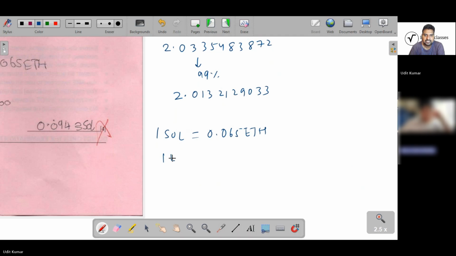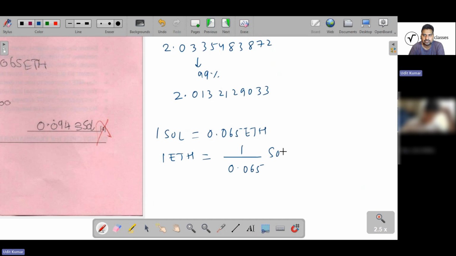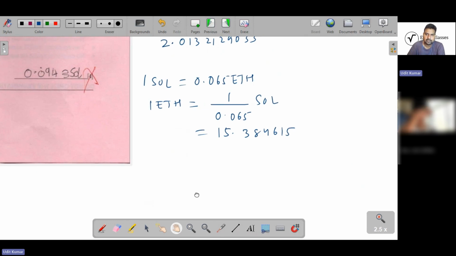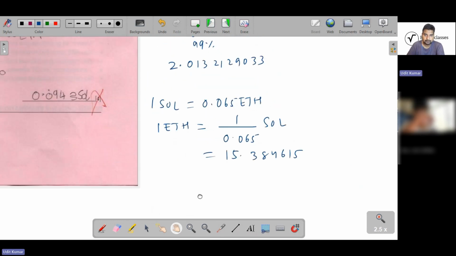So 1 ETH is equal to 1 by 0.065 Sol. 1 divided by 0.065, you'll get 15.384615, and then this will repeat again, right? 384615.